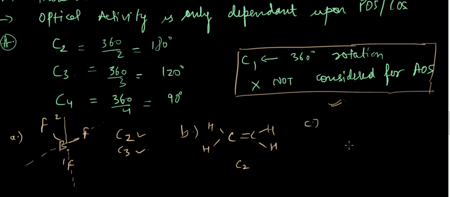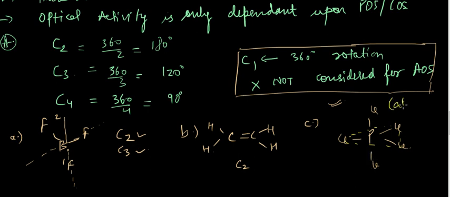So in this compound, let's suppose I have PCl5. Okay, 3 Cl here and 2 Cl here. So you need to understand the structure of this compound. These 3 Cl are in the same plane along with the P, and this Cl is above the plane and this is below the plane.